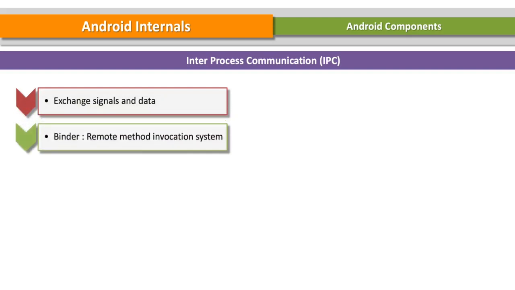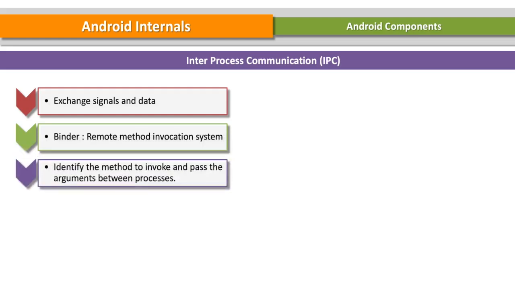Binder is an Android-specific inter-process communication mechanism and remote method invocation system. That means that one Android process can call a routine in another Android process using Binder to identify the method to invoke and pass the arguments between processes.